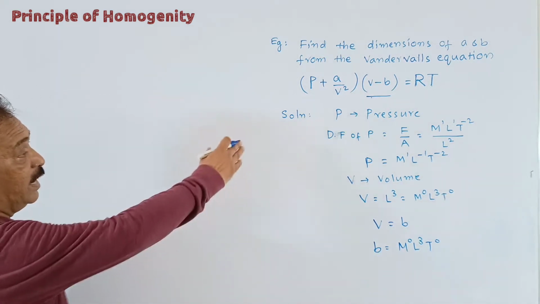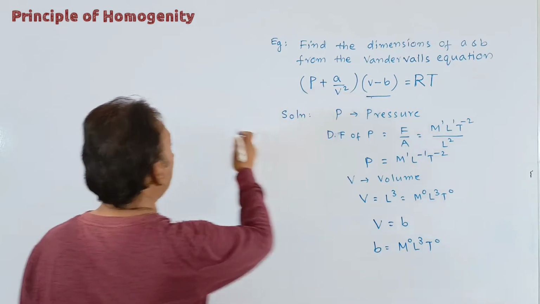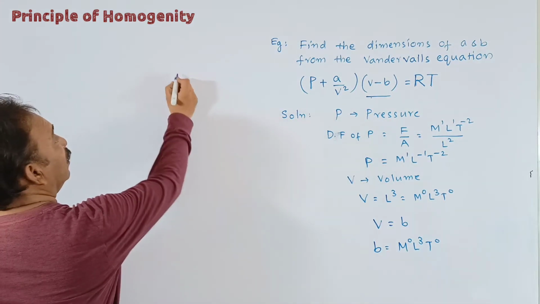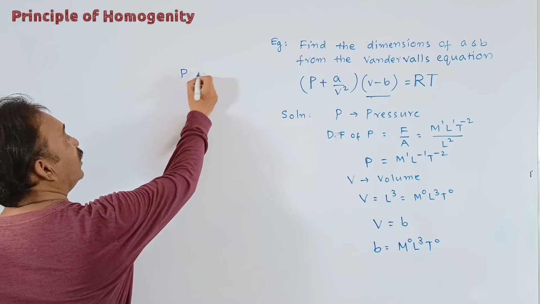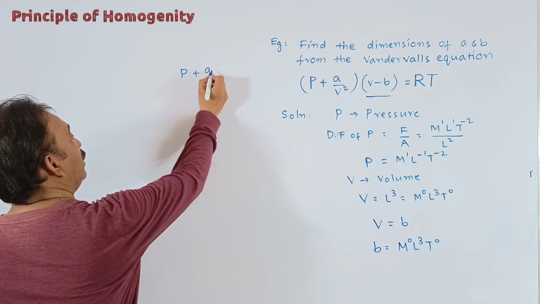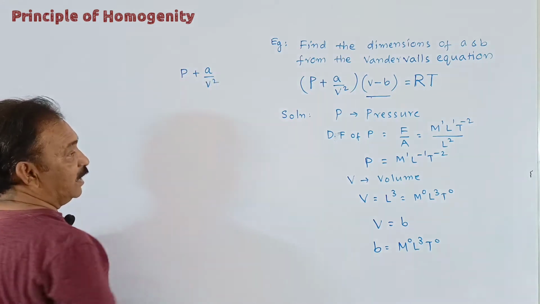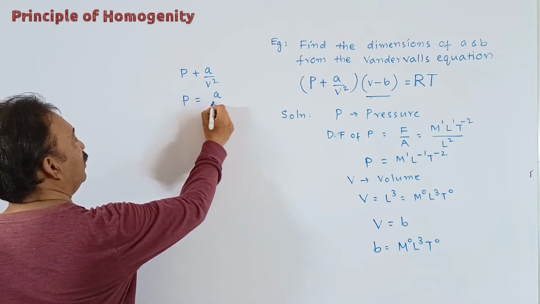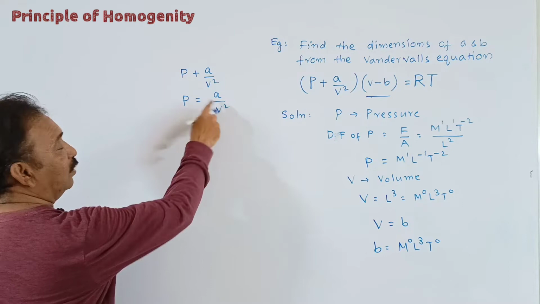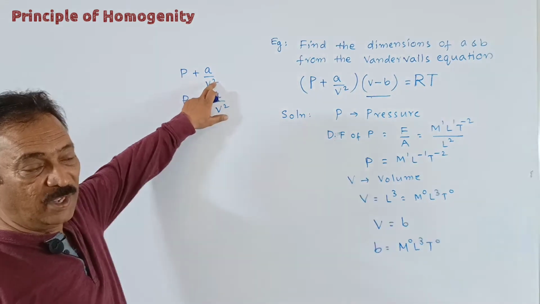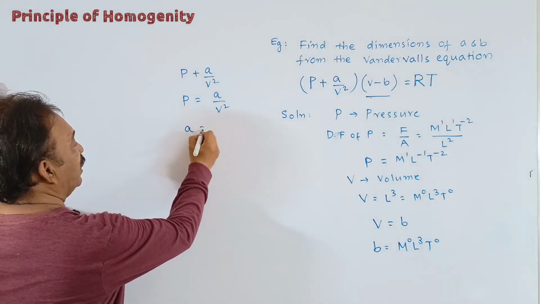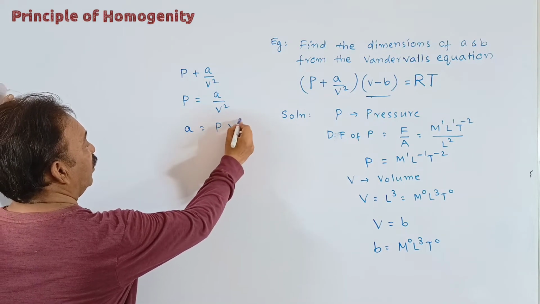Let's say the next part. We had P plus A by V squared. Then, using the same, we can write that P and A by V square are of the same kind. In other words, P is equal to A by V square. Only same physical quantities can be added. We are using the same here. Or A can be written as P V square.